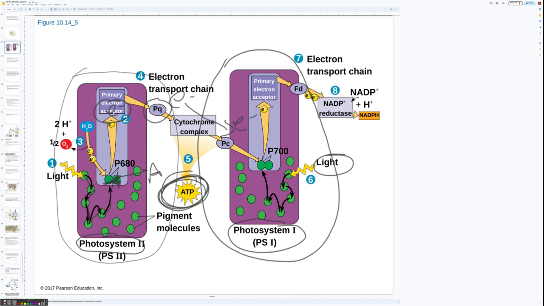Then it gets hit with a second light photon. And again, it's going to get picked up by an electron acceptor. He's like, okay, I'll take him, whatever. But this time, rather than making ATP, that electron is eventually going to be passed in a series of steps that you don't need to know about.